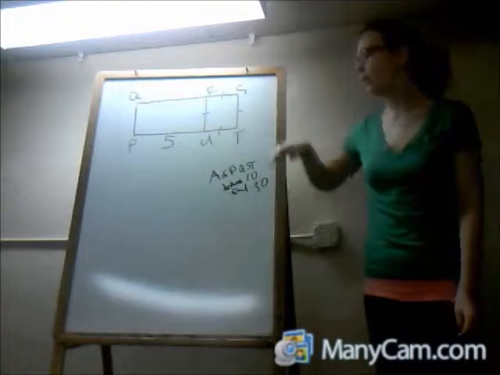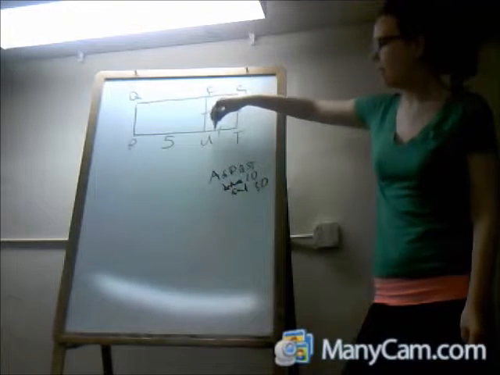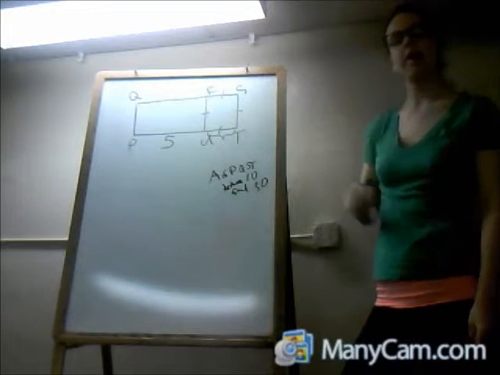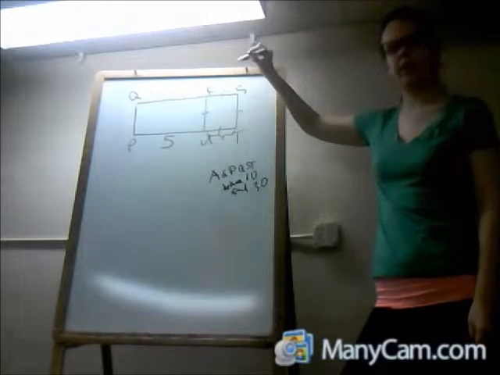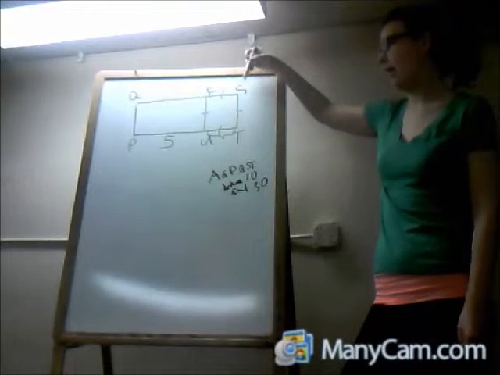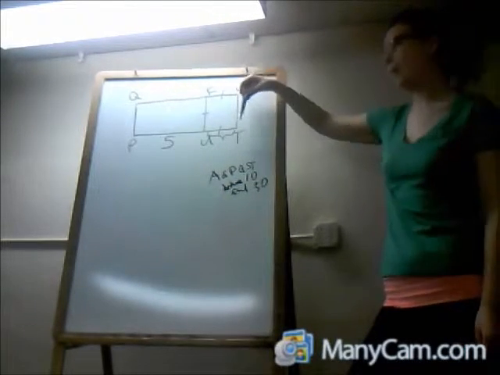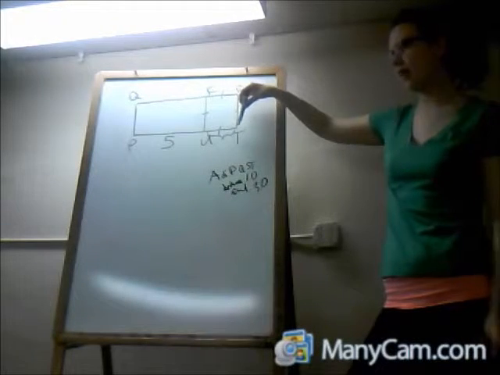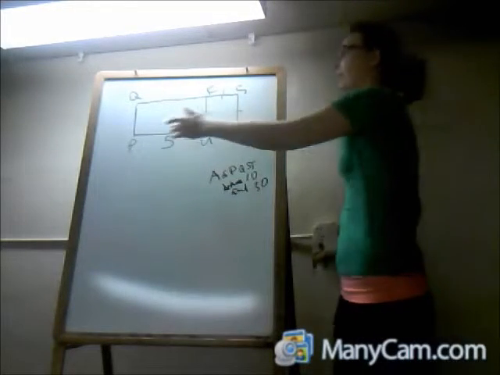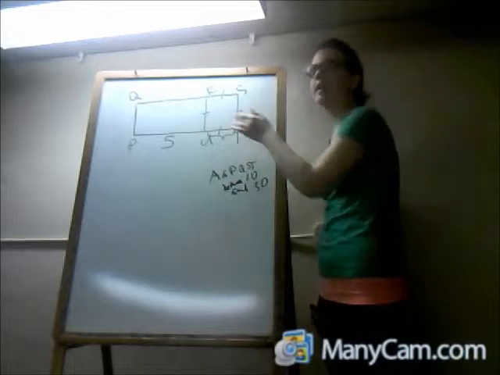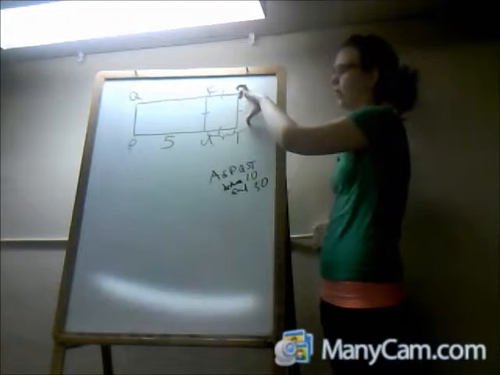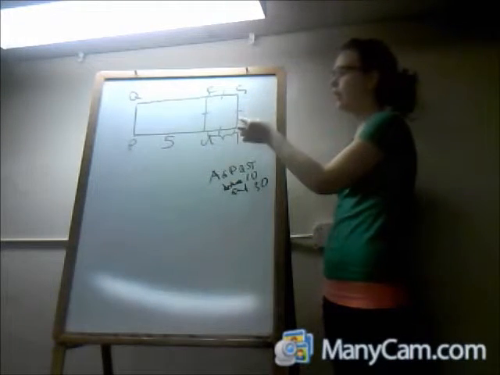We want to find what values of UT might work for making the area between 10 and 30. You might think you can pick almost anything for UT, because as PT gets really, really big, you can make this size super small. But that's not true.